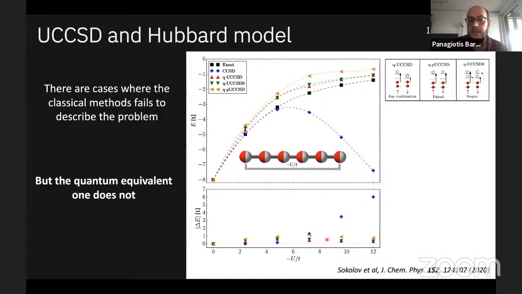You see that the truncation introduces some errors in the system, but we have quite good replication of the ground state result for the unitary coupled cluster compared to the classical method.